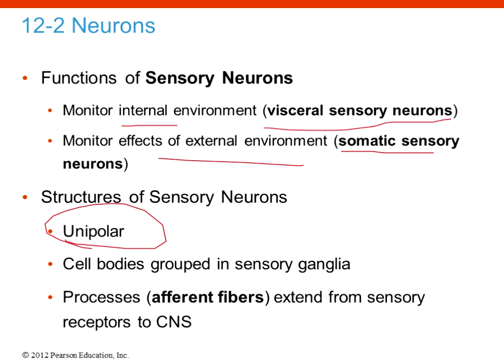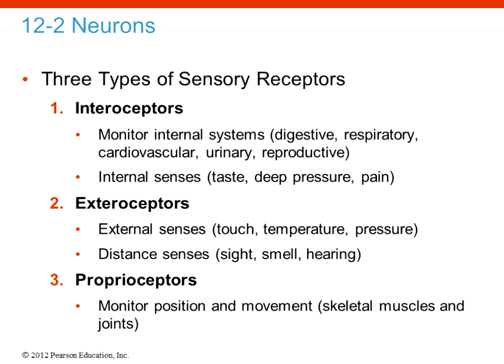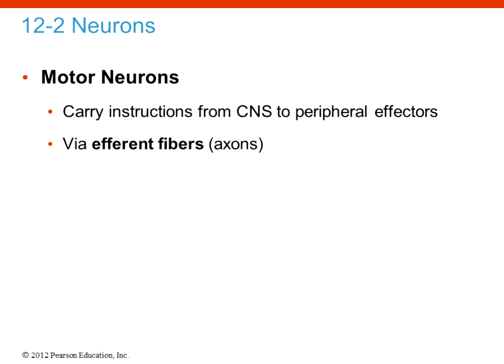This is the afferent, with an A, sending information in to the central nervous system. There are 3 types of sensory receptors: interoceptors, exteroceptors, and proprioceptors. Interoceptors monitor the internal systems of the body, like digestive, cardiovascular, etc. Exteroceptors respond to external senses like touch, temperature, sight, and proprioceptors monitor position and movement.